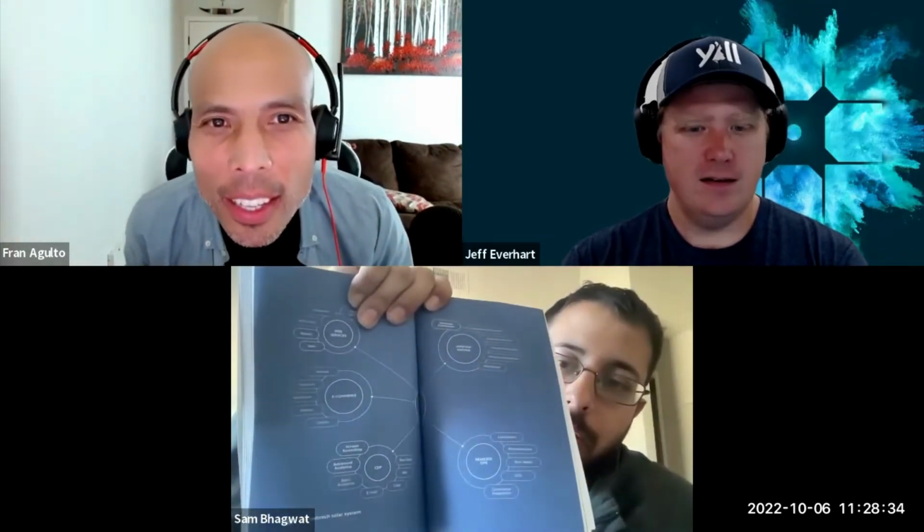And so I have this diagram here in the book, which is cool. You can kind of see the general shape, which is like a solar system, with different planets and moons around the planet.